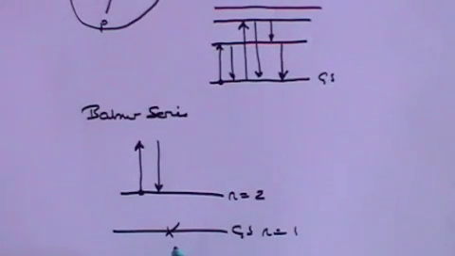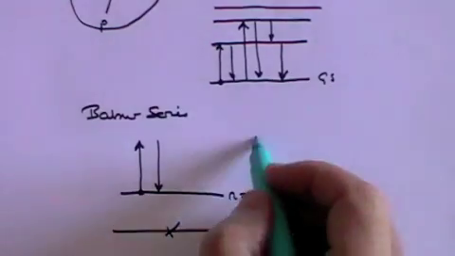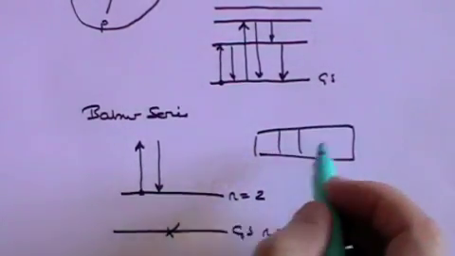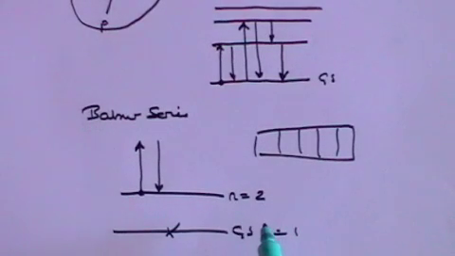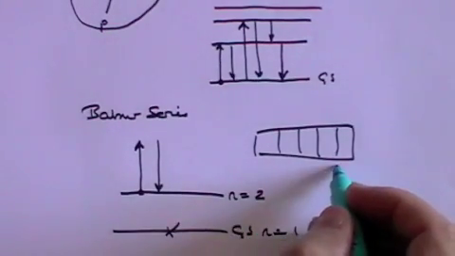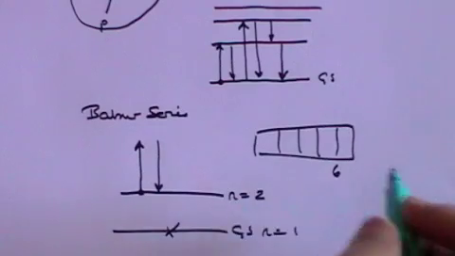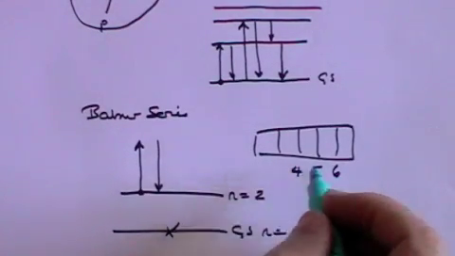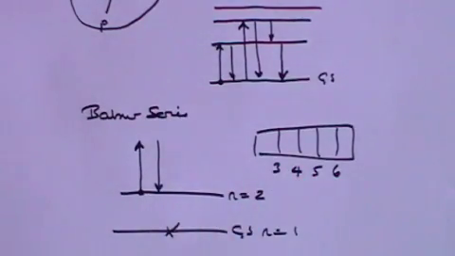And what we showed was that in the hydrogen visible spectrum, there are 4 lines: 1, 2, 3, 4. They're actually differently spaced than that. But what they represent is the transition from either 6 down to 2, from 5 to 2, from 4 to 2, and from 3 to 2.